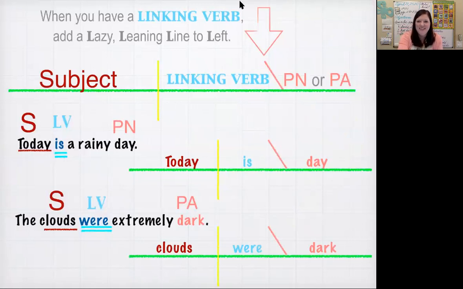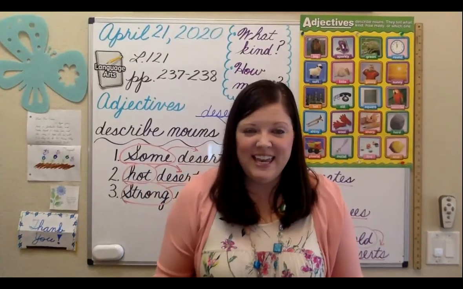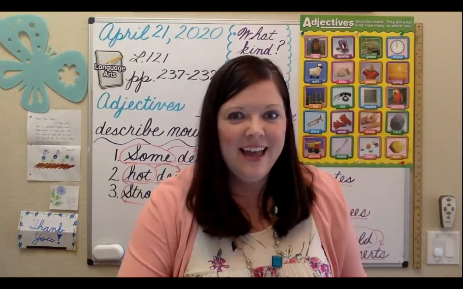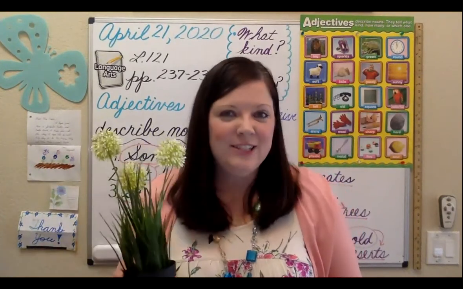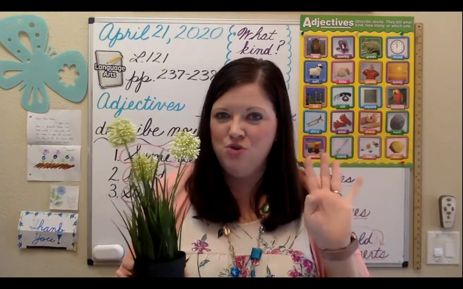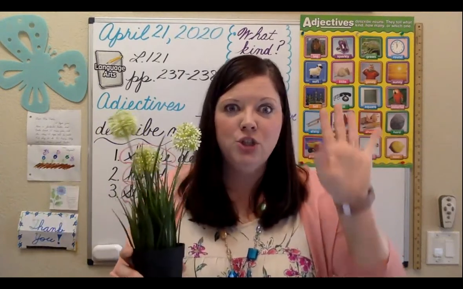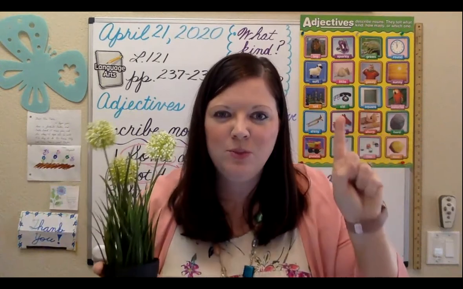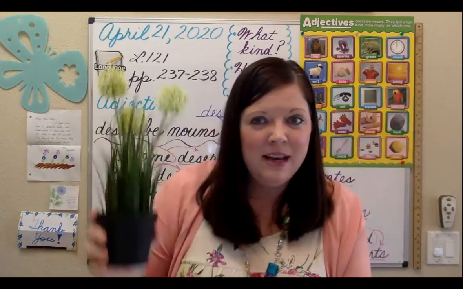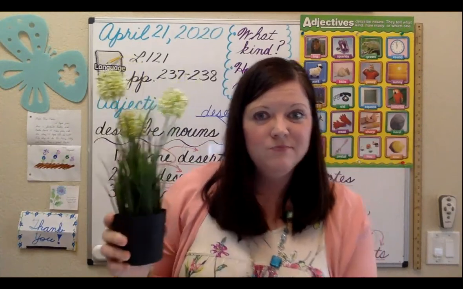Okay, you guys did well. I know it's a lot to take in, but let's go ahead and review. An adjective describes a noun. It answers the questions: which one, what kind, how many, how much, whose. Oh, I miscounted. Which one, what kind, how many, how much, whose. Adjectives describe nouns. What are nouns?